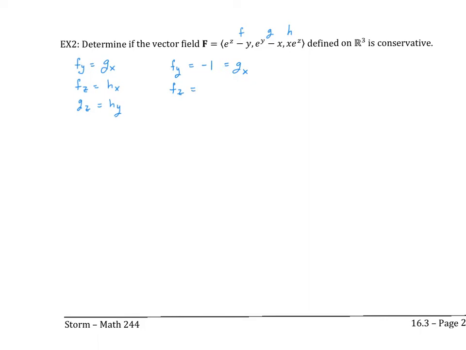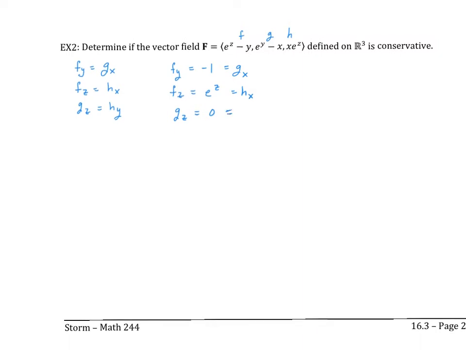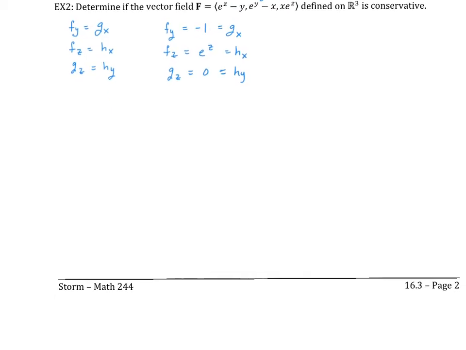Derivative of e to the z is simply e to the z. h with respect to x is also e to the z. And then g with respect to z is 0. h with respect to y is also 0. So I can conclude that my vector field f is conservative.